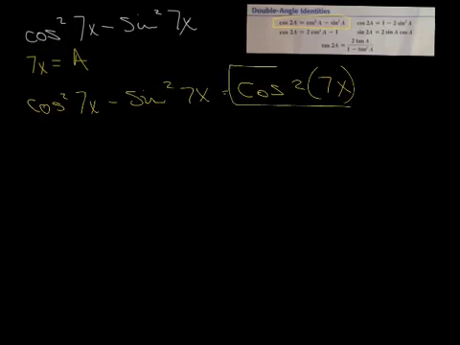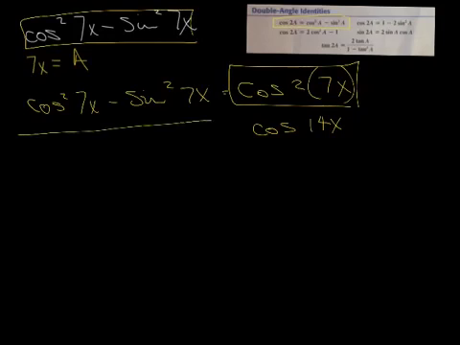Cosine of 2 times 7x is 14x. So, there we go, simplified. We just took this right here, used this formula, and it equals that.